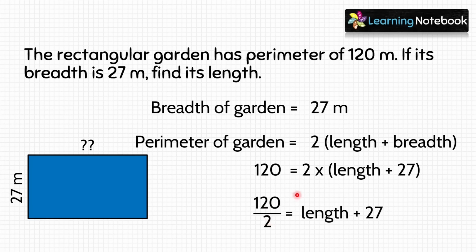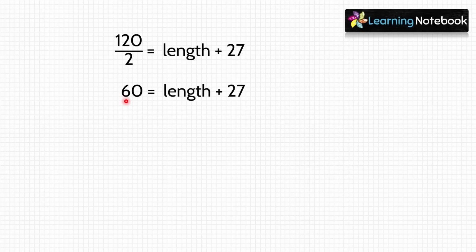On the right hand side, 2 is multiplying. So, on the left hand side, it will divide. So, we get 120 by 2 equals length plus 27. Now 120 by 2 is 60. So we get 60 equals length plus 27.